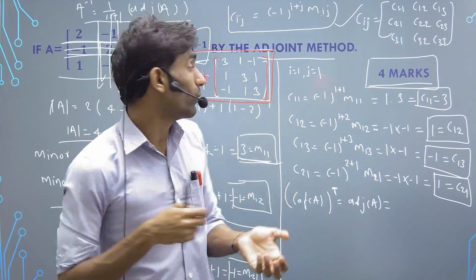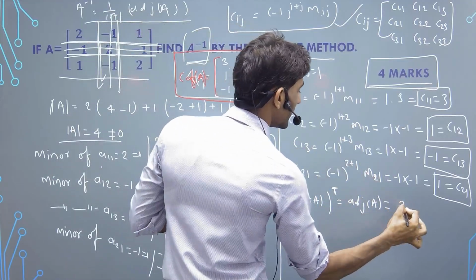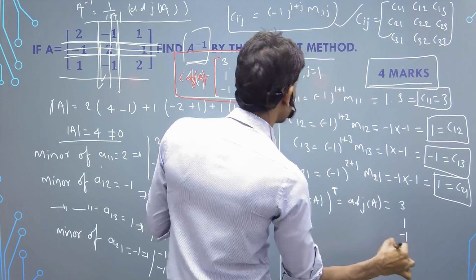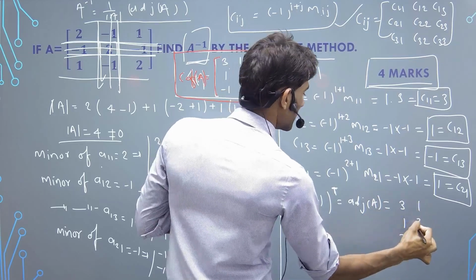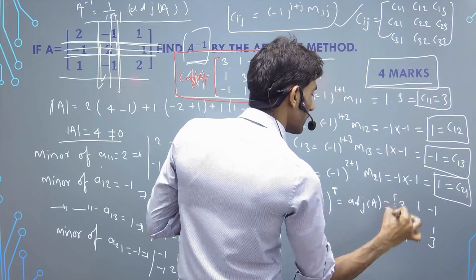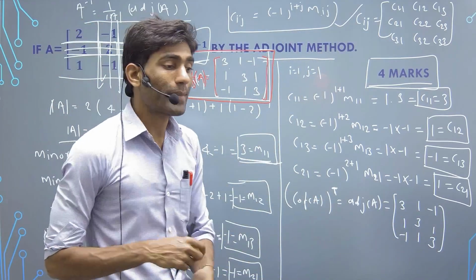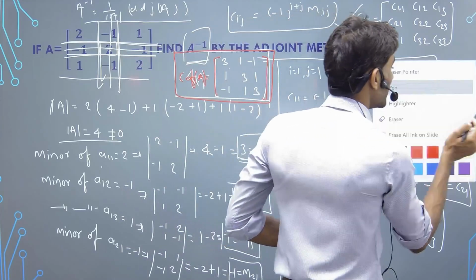This is the cofactor matrix. Now convert the rows into columns. So we'll get 3, 1, minus 1, then 1, 3, 1, and minus 1, 1, 3. So this is our required adjoint of matrix A.